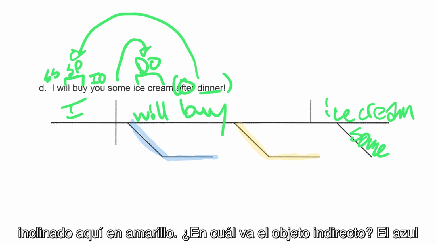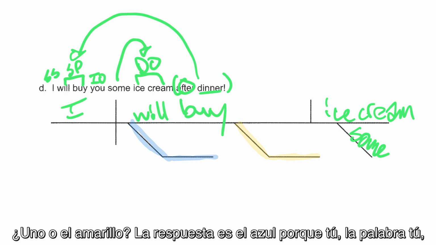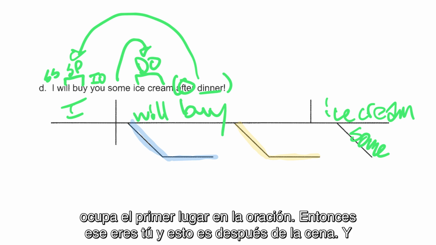Which one does the indirect object go on? The blue one or the yellow one? The answer is the blue one, because the word you comes first in the sentence. So that's you. And then this is after dinner.